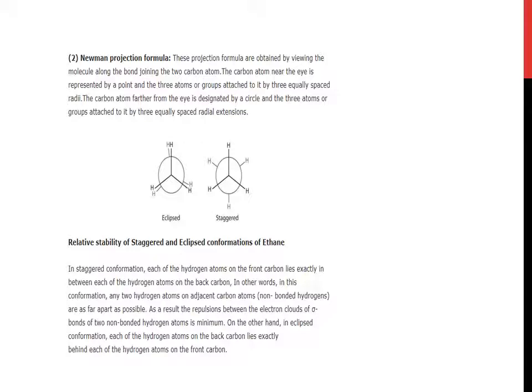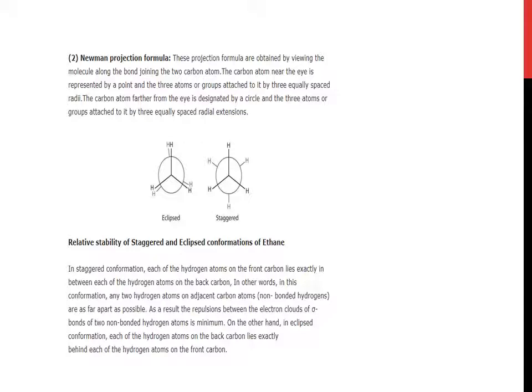The carbon atom near the eye is represented by a point and the three atoms or groups attached to it by three equally spaced radii. The carbon atom farther from the eye is designated by a circle and the three atoms or groups attached to it by three equally spaced radial extensions.